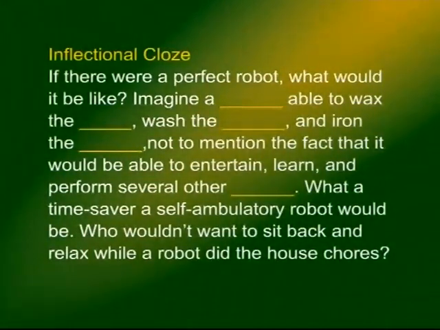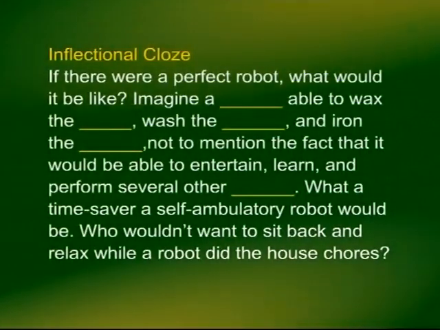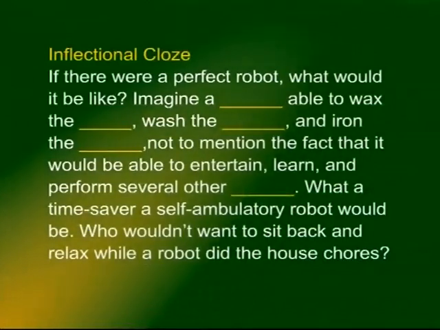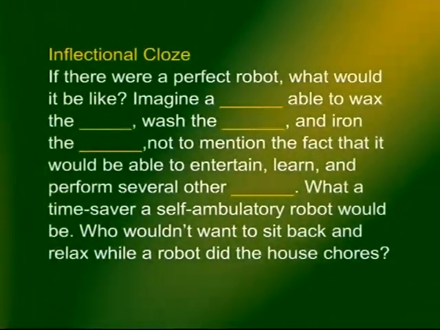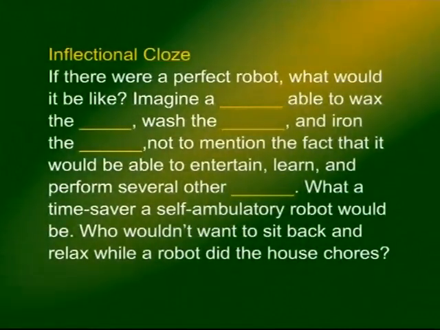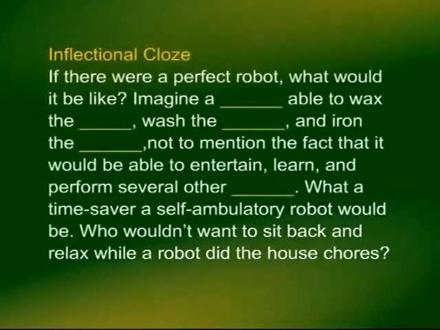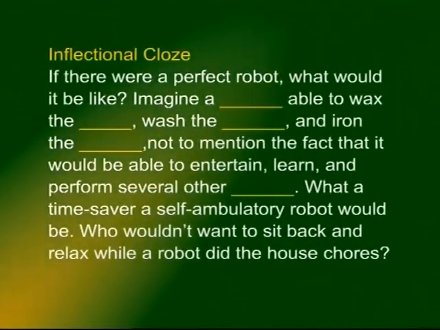In such a passage, you have to see whether the word that is filled in is correct. Does it need a plural marker if it is a noun? Does it need a tense ending, an ending to mark the tense?